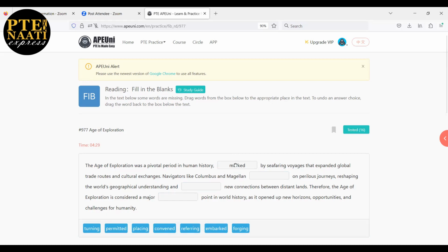Marked by seafaring voyages. Yes. Through the sea, people were exploring the land areas. So the age of exploration was a pivotal period marked by seafaring voyages that expanded global trade routes and cultural exchange.